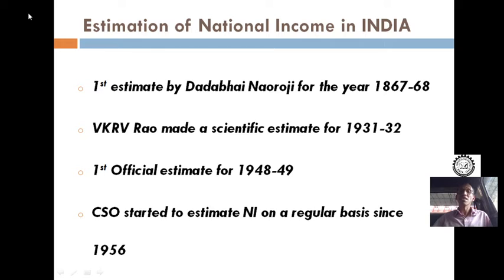The first official estimate of national income was made for the year 1948-49. Then the Central Statistical Organization, CSO, started the estimation of national income on a regular basis since 1956.